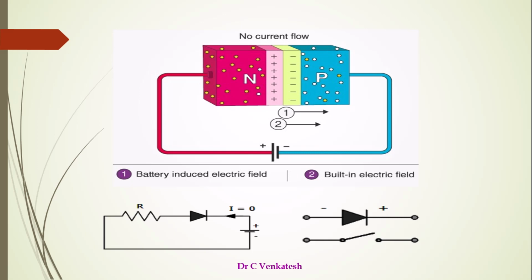Figure shows the reverse biased connection. Negative terminal is connected to P layer, positive terminal is connected to N layer. 1 represents the battery induced electric field, 2 represents the built-in electric field. That current I is 0, that is there is no current flow in the reverse bias condition.